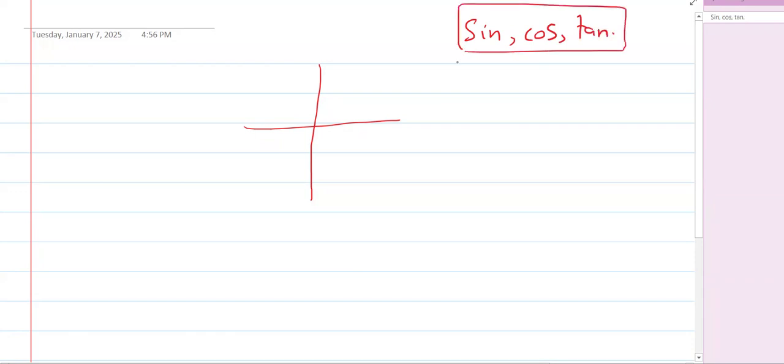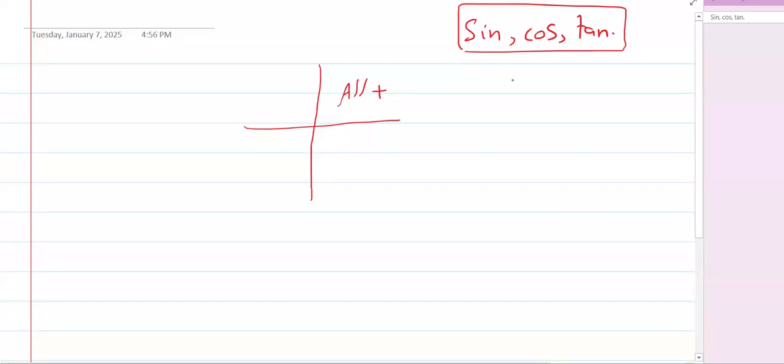Before that, please remember these points. Remember we are dealing with sine, cosine, and tangent, the three trigonometric ratios. In the first quadrant, all are positive.